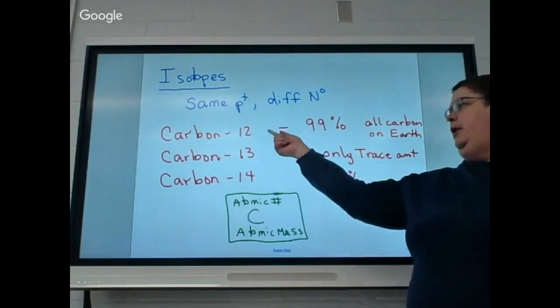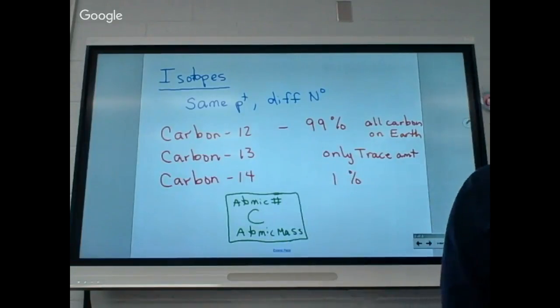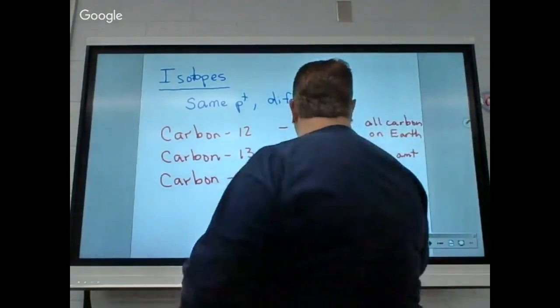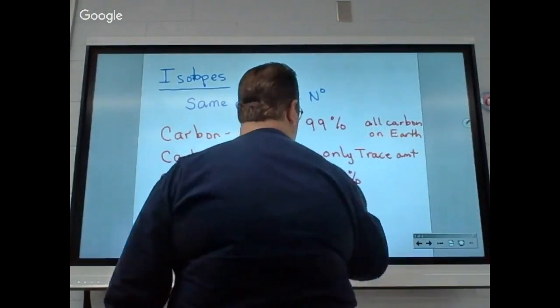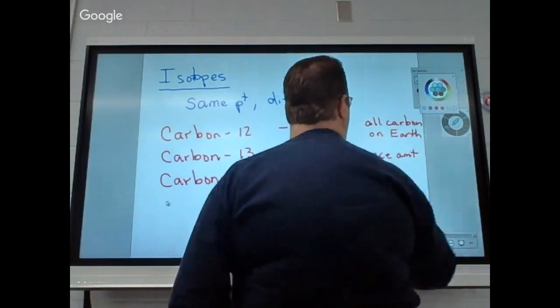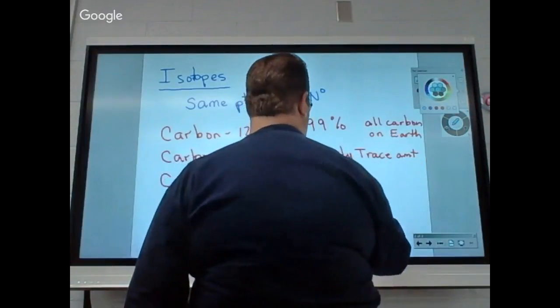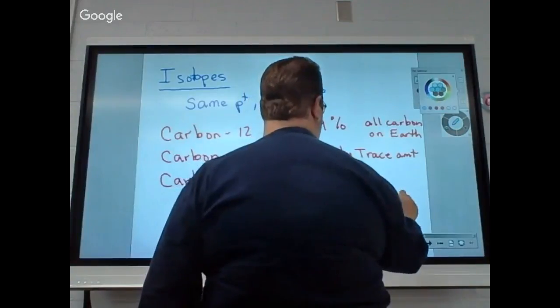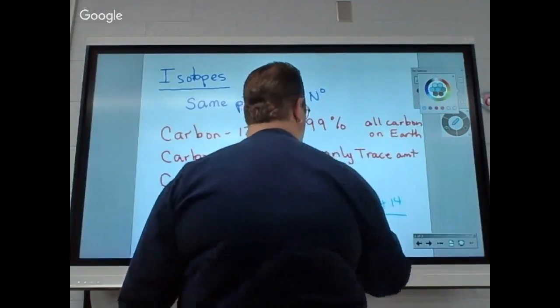So what am I going to do with all 3 of those numbers? I got to put an average there. So, how do I average their numbers? Do I add them all up and divide by 3? So if I say 12 plus 13 plus 14 divided by 3.